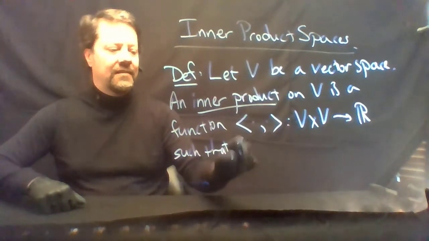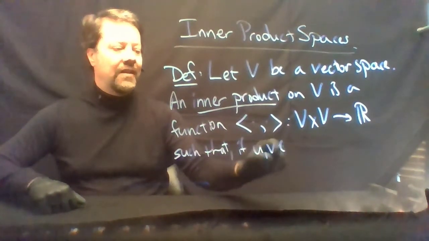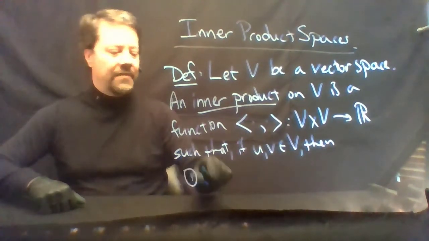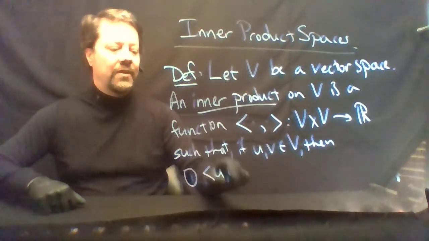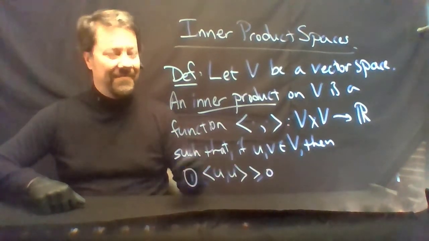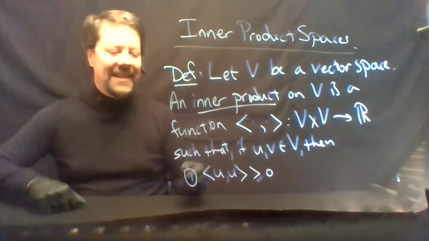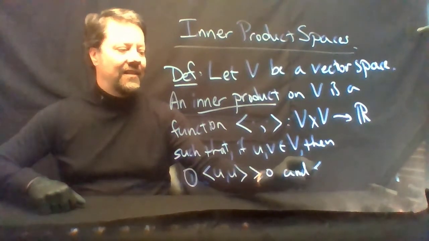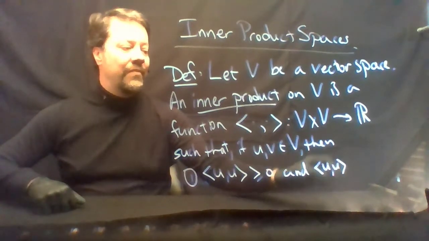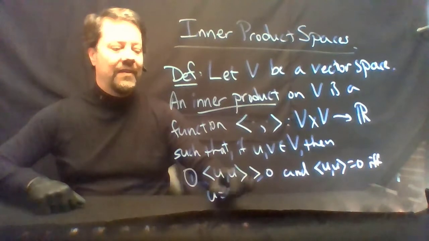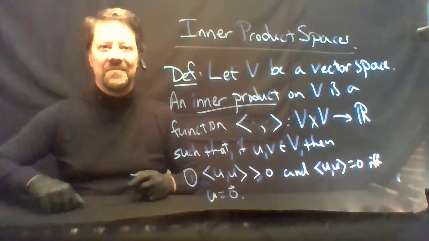Such that if u and v are elements of the vector space, then first, the inner product of u with u is non-negative. That's true for the Euclidean dot product as well. And the inner product of u with u is 0 if and only if u is the 0 vector.